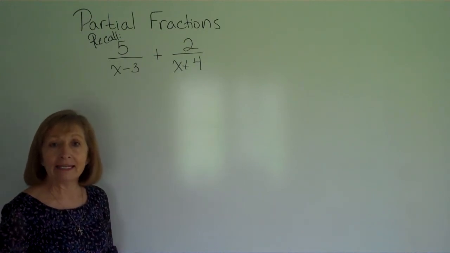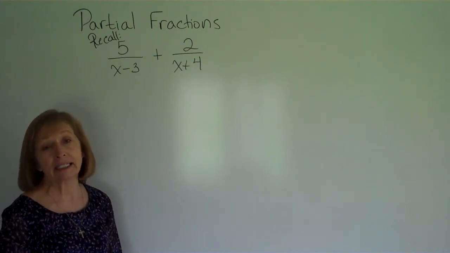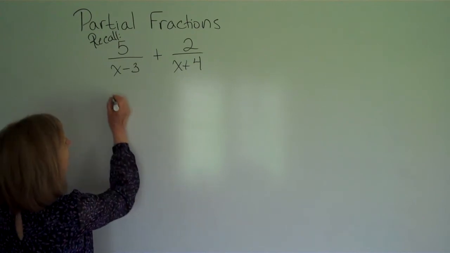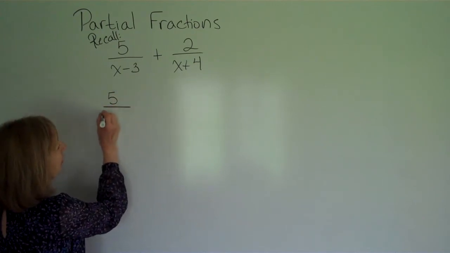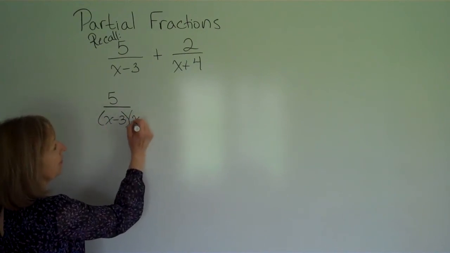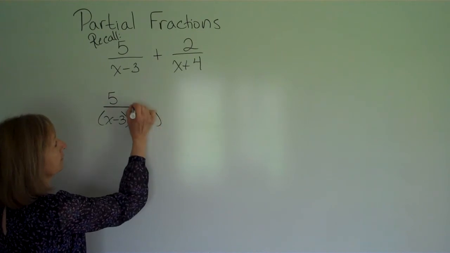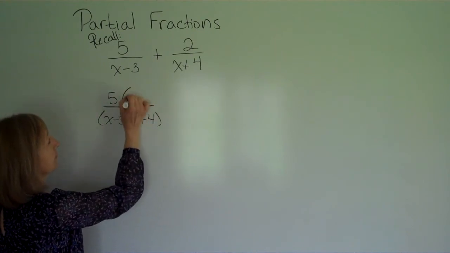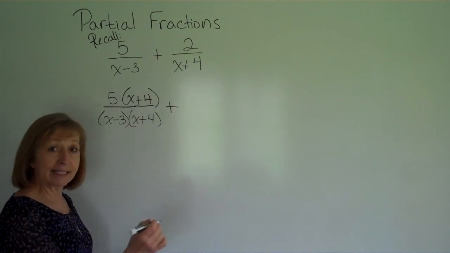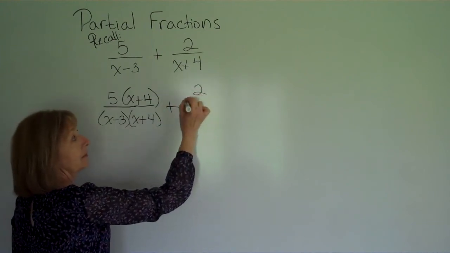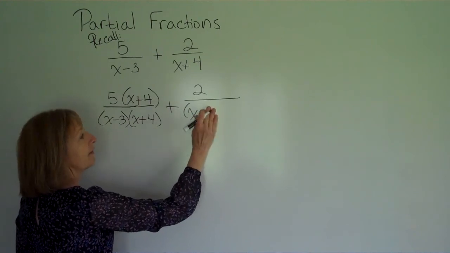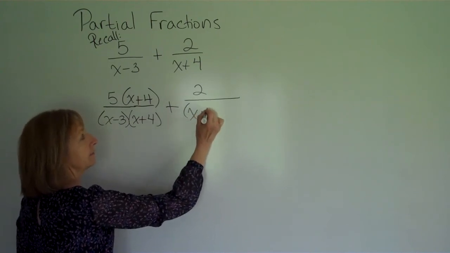Now, in order to add these fractions, I need to build each fraction so that I get the lowest common denominator. So for my first fraction, I need to build that fraction top and bottom by the x plus 4. And then for the second fraction, we need to build that fraction top and bottom by the x minus 3, the factor that it doesn't have yet.